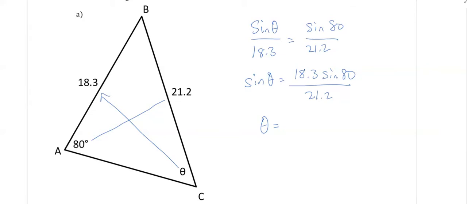Okay, so I've written the equation and rearranged, and that's what you should have. And then has anybody got an answer? 58 degrees. Very good. That's what I got too.